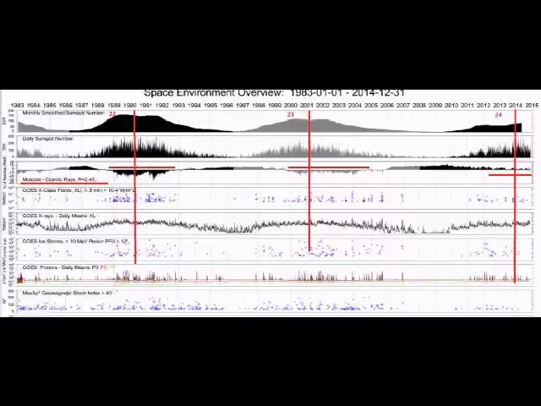Now, if we can just pay attention to the top column, we can see solar cycle 22, 23 and 24, and as we saw on the previous graph that I showed you, we know that the sunspot numbers have been declining over the last 33 years, but what that chart doesn't show us is what's been increasing over that period of time.